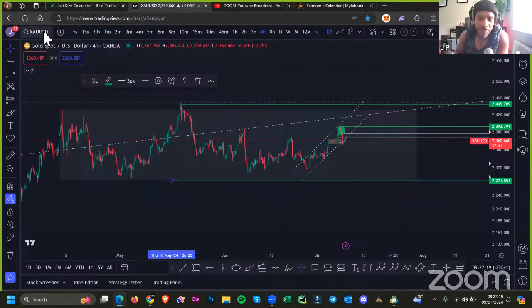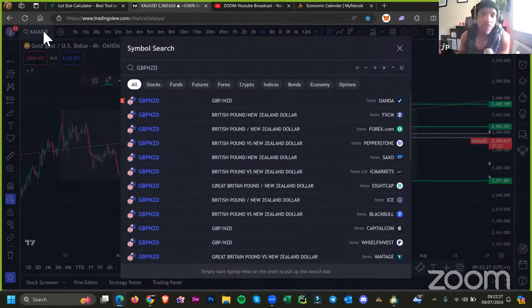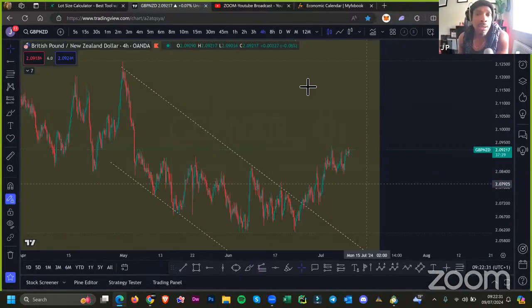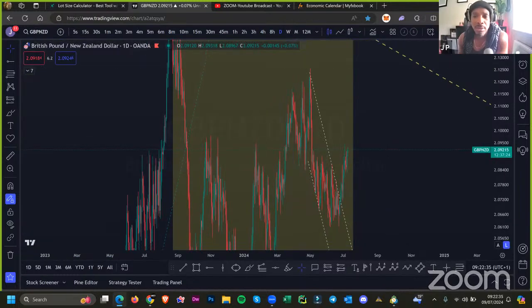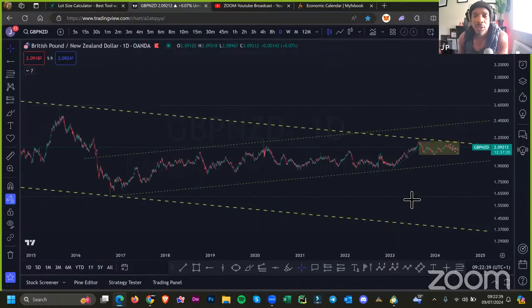Let's go and see if I look at something else to see if there's anything else that's a bit more tasty. Let's look at GBP NZD. All right. Let's have a look and see what's going on. All right. So we've got some previous markup in here. I'm trying to do this quickly without having to delete everything off it. So have a look.